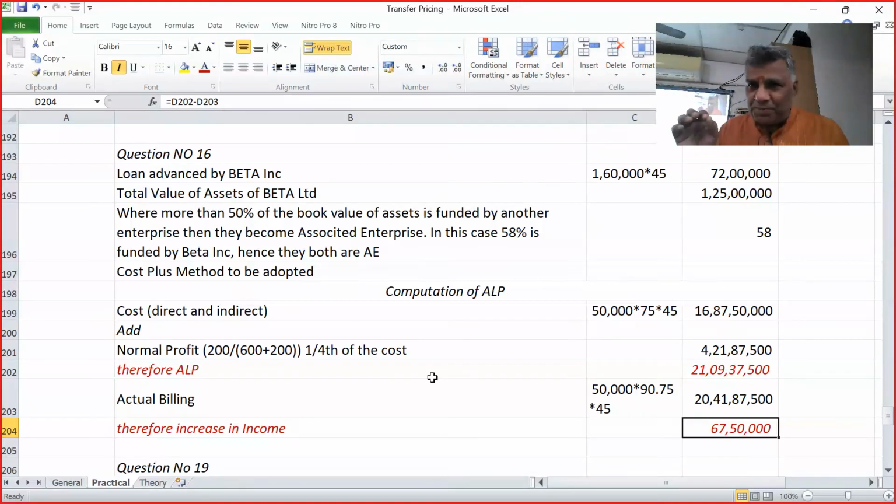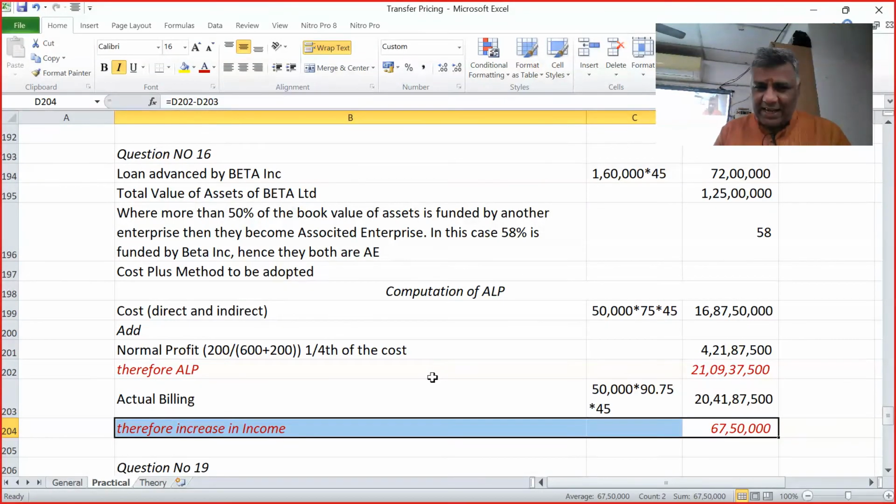Primary adjustment: the assessing officer increases the income by 67,50,000, made in the books of the domestic entity. Secondary adjustment is made in the books of my associated enterprise. And in my books, I should treat it as a loan given to the associated enterprise.